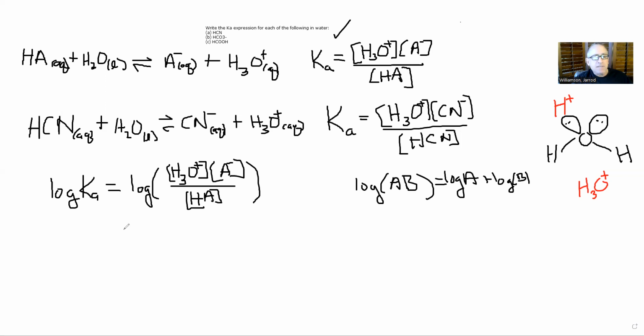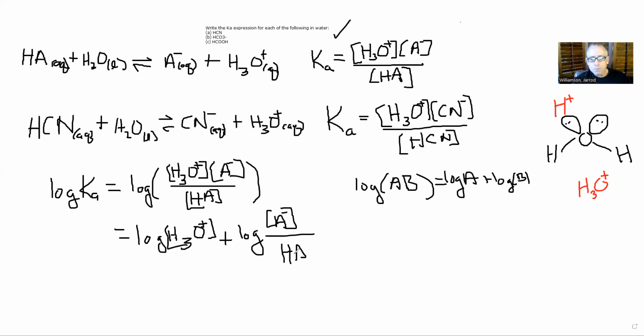And I'm going to expand this. So I'm going to say the log of H3O plus plus the log of A minus over HA. That's equal to the log of Ka.